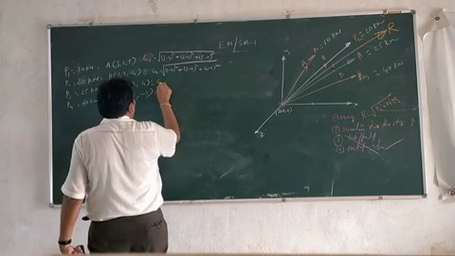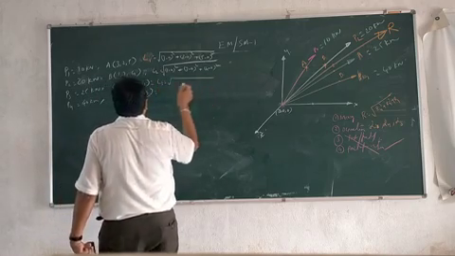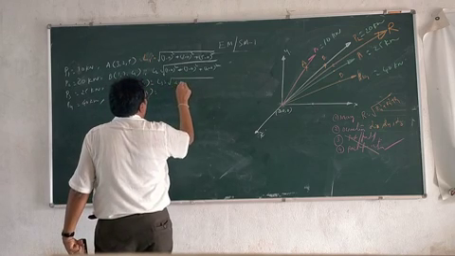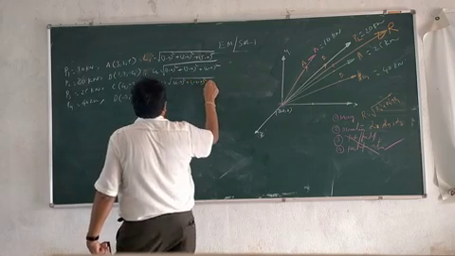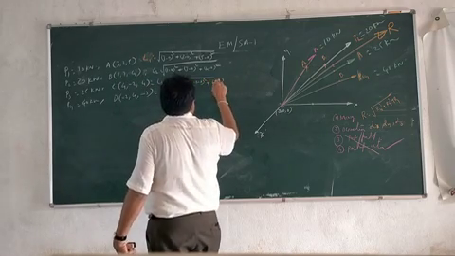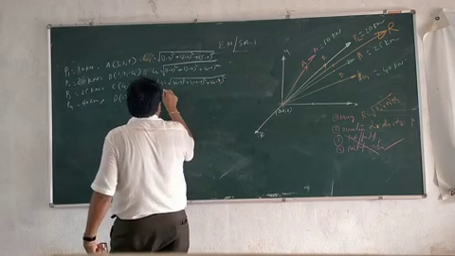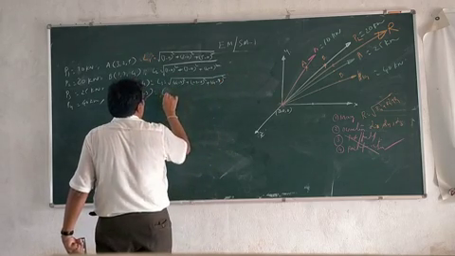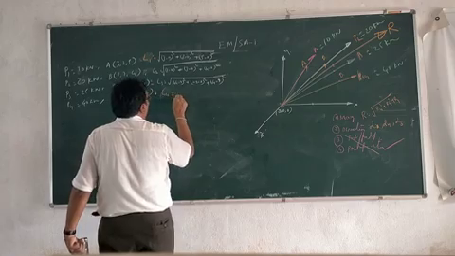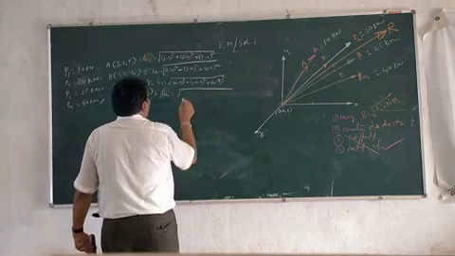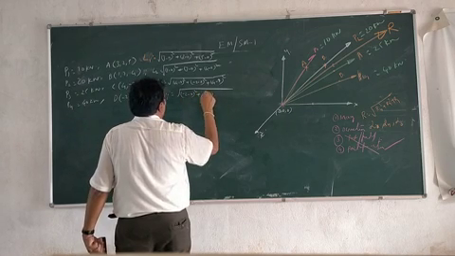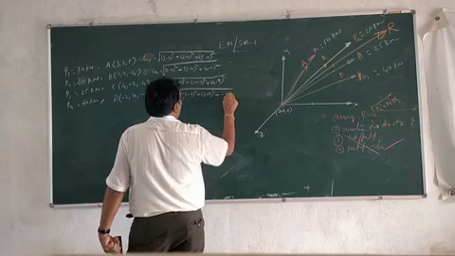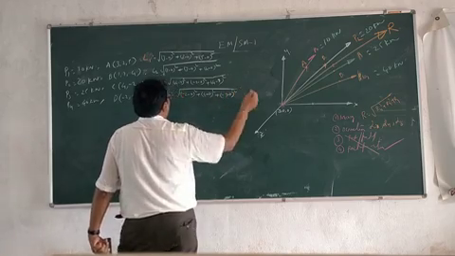Next, L3 is root of (4 minus 0) whole square plus (minus 2 minus 0) whole square plus (4 minus 0) whole square. L4 is root of (minus 2 minus 0) whole square plus (4 minus 0) whole square plus (minus 3 minus 0) whole square.